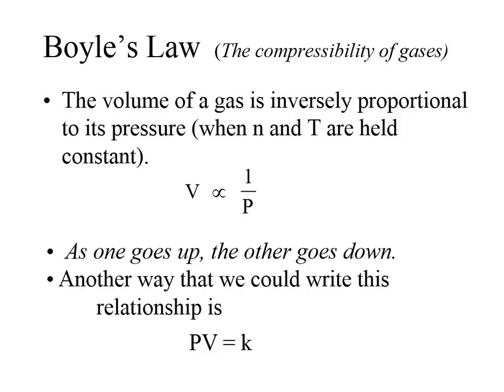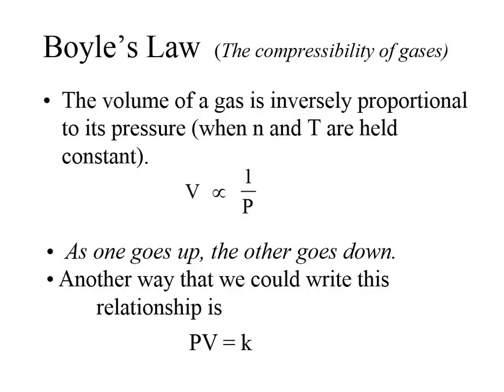So, it's a mathematical thing. If you want to replace the proportionality symbol with an equal sign, you can do that, but you have to introduce a constant. We said that volume and pressure were inversely related.